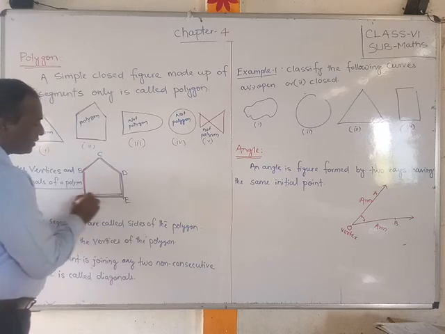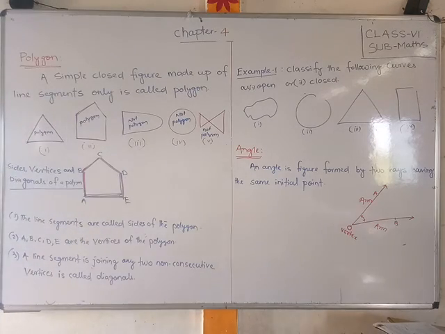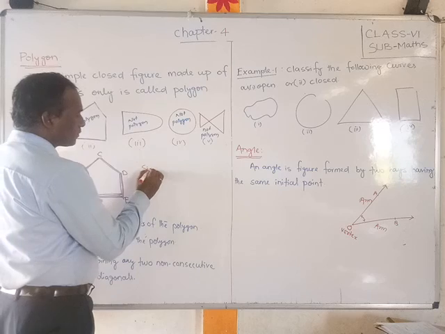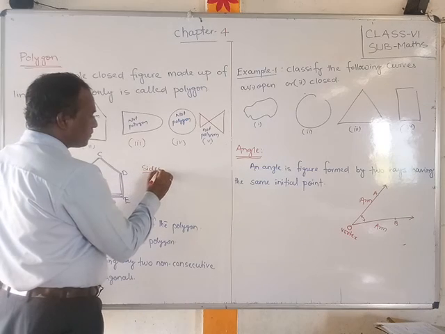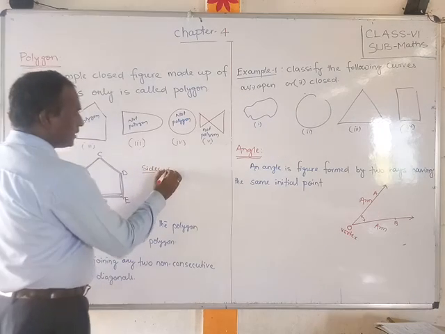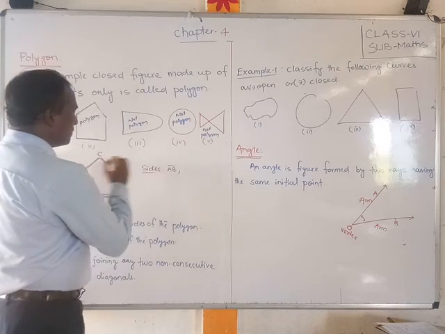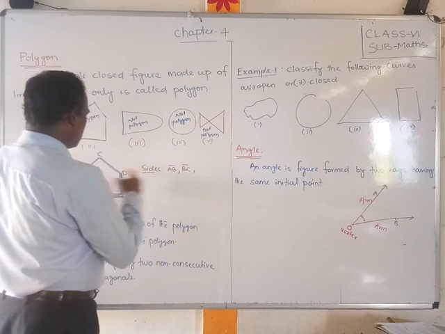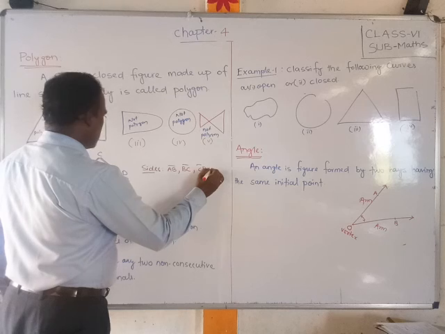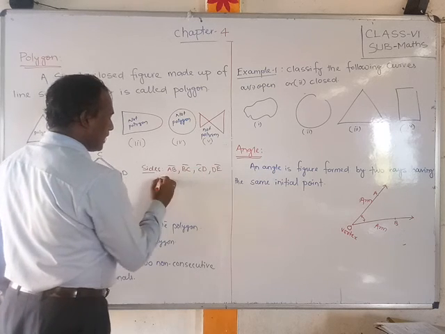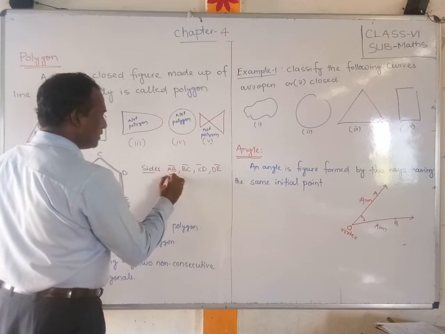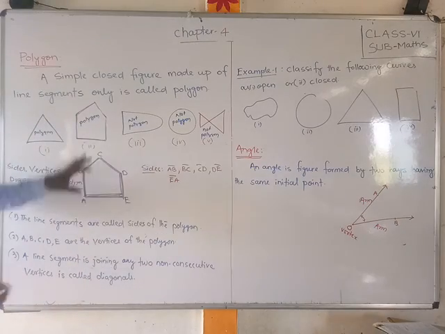This is one line segment AE. So the sides are AB, BC, CD, DE, and EA. These are the sides of the polygon.